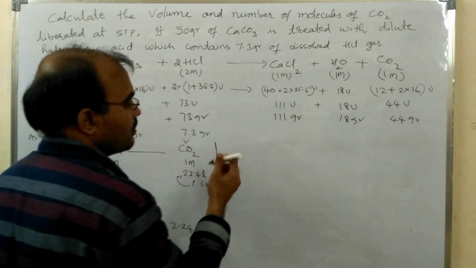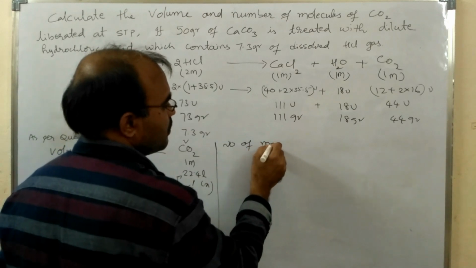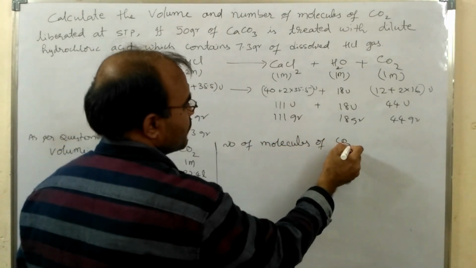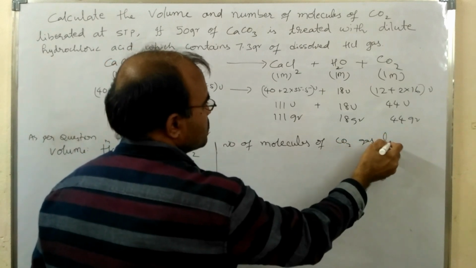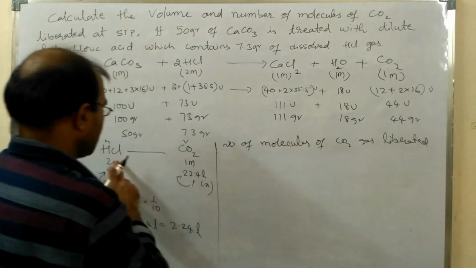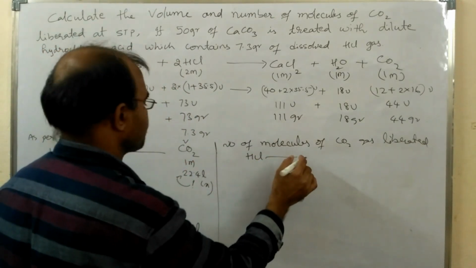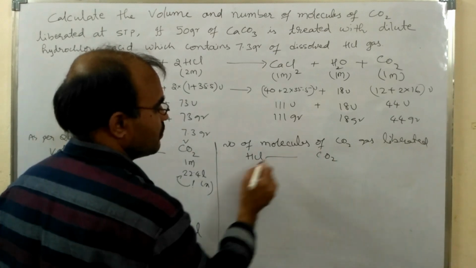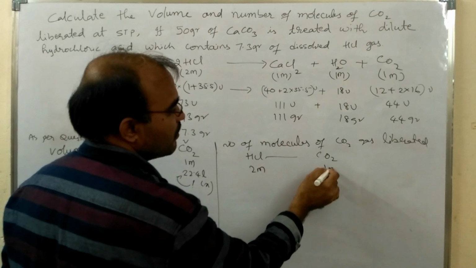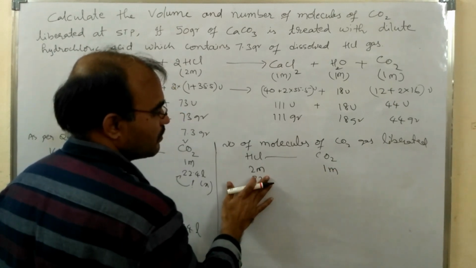Now let us calculate the number of molecules of CO2 gas liberated. Write the same. HCl versus CO2. 2 moles of HCl, 1 mole of CO2. 73.